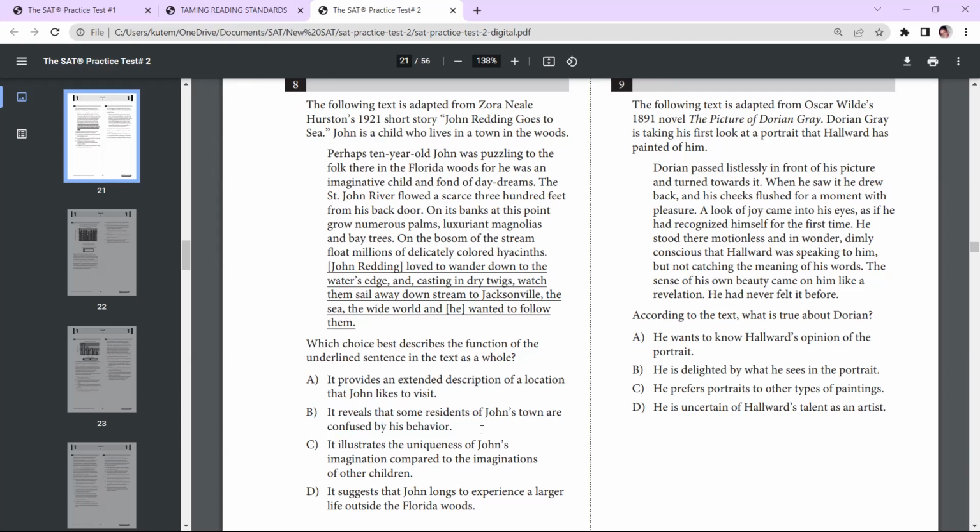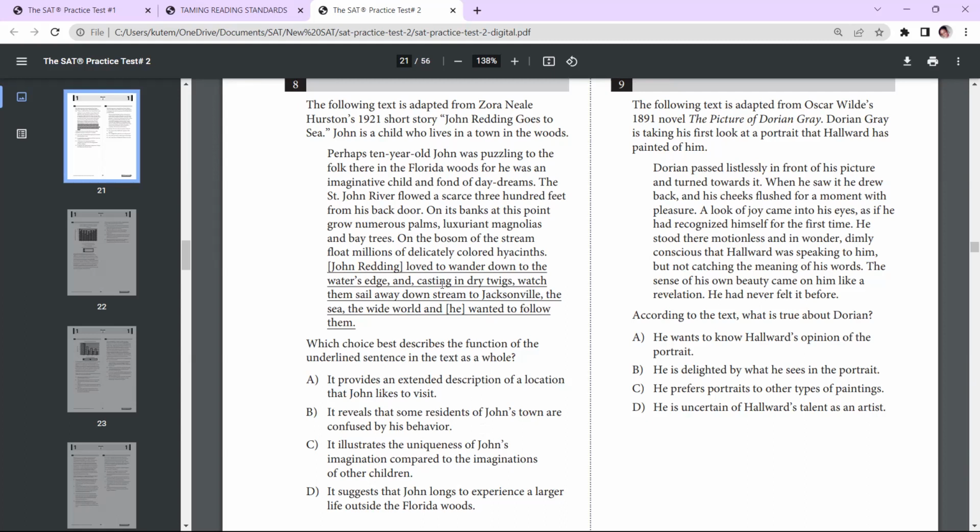C says it illustrates the uniqueness of John's imagination compared to the imaginations of other children. Let's see. Yeah, he would see the sea. He was actually looking at these things, so it doesn't say anything about imagination and other children. D says it suggests that John longs to experience a larger life outside Florida woods.